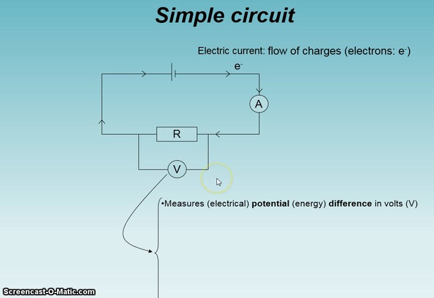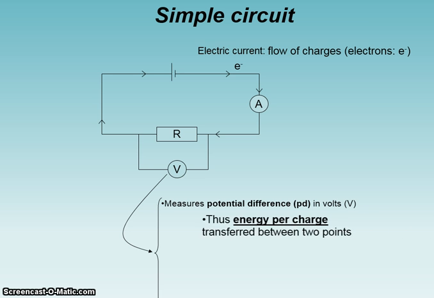But electrical potential energy difference is such a long term, so it was made shorter by removing 2 words. So we are generally speaking about the potential difference. So the function of a voltmeter is to measure potential difference, for short PD, in volts.